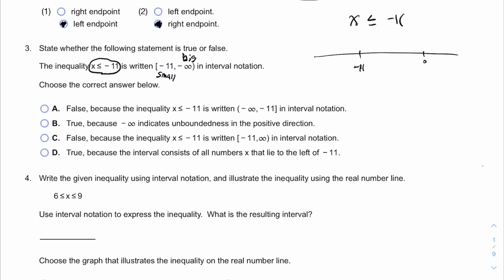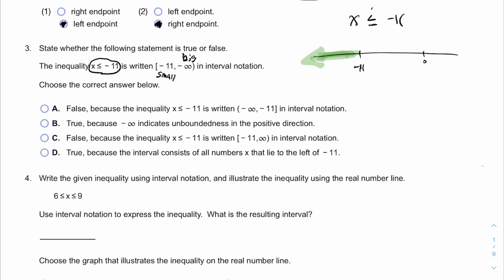So anyways, x is less than or equal to negative 11. And so when it says x is less than, that means to the left, right? Less than means to the left, so we're going to have to shade to the left. And then the question is, is it inclusive? Is it closed or not?